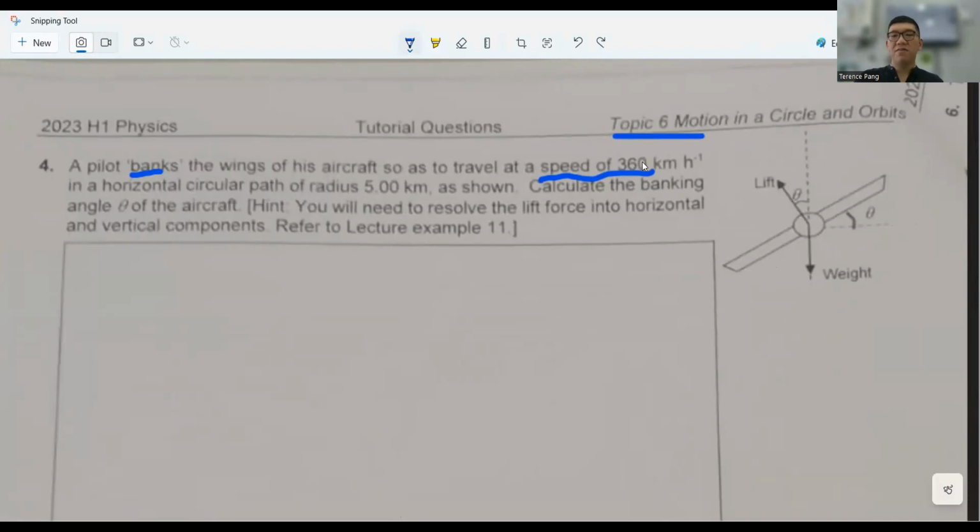In terms of all the circular motion formulas and questions you have had before, what is the symbol you should consider? Speed. V. And the radius of 5 km, what's the symbol? R. So you're given V, you're given R.